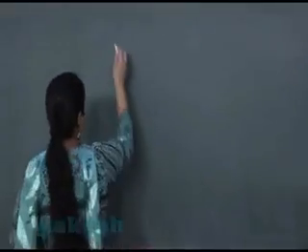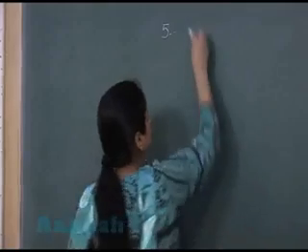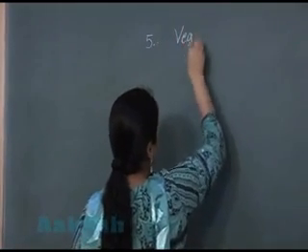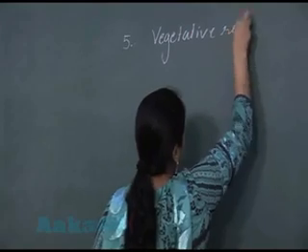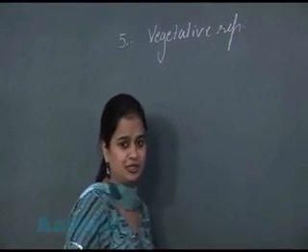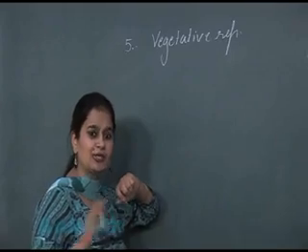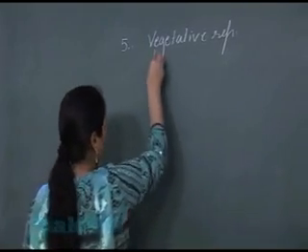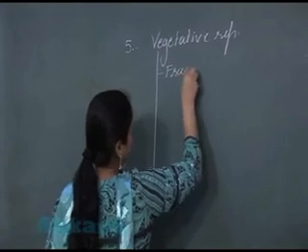So let's discuss now reproduction. In reproduction, the first category is vegetative reproduction. Vegetative reproduction can occur through several methods. One, it is through fragmentation.